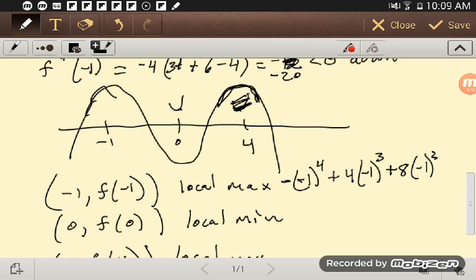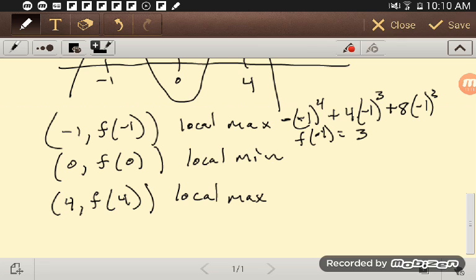And so our f of negative 1 is equal to, I get negative 4 and a negative 1, that's negative 5, plus 8 is 3. And so here we're at negative 1 and 3 is a local max. Here I know I get 0, and so 0, 0 is a local min.